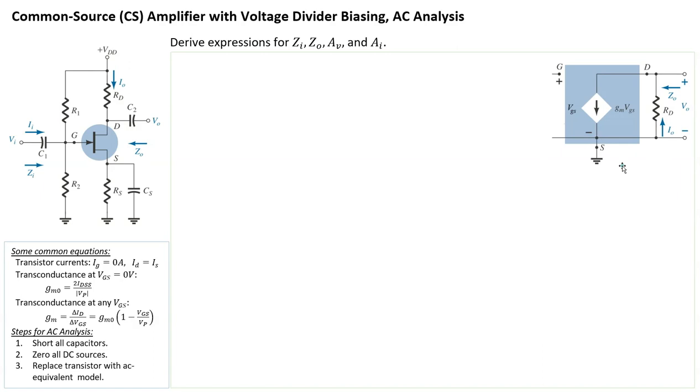On the source side, notice there's no RS because it's been bypassed. You still have the VO, you still have a ZO, that's the impedance seen from the output side, and you have an IO. IO is defined in this diagram as flowing down towards the drain. So when you flip the RD to the other side, then IO also flips, pointing up instead of down.